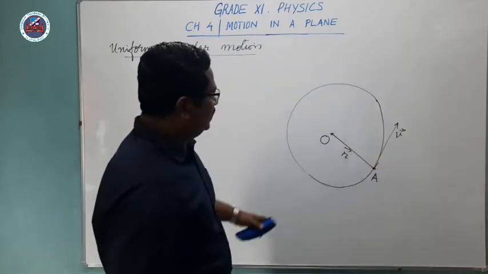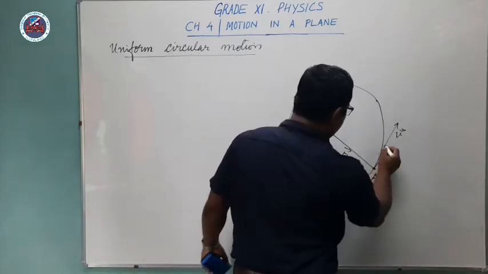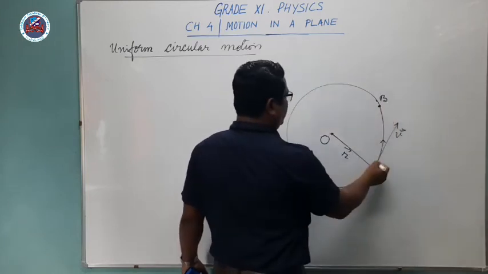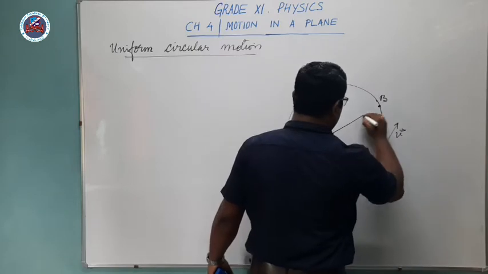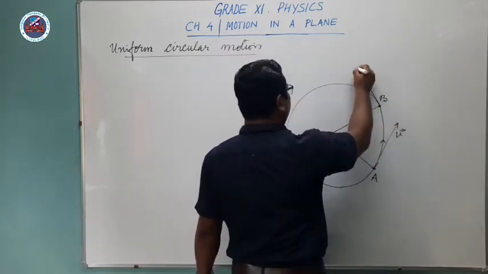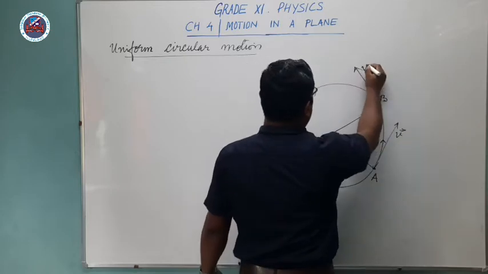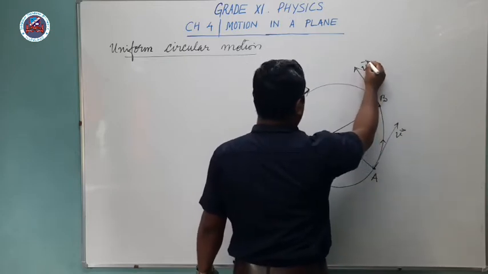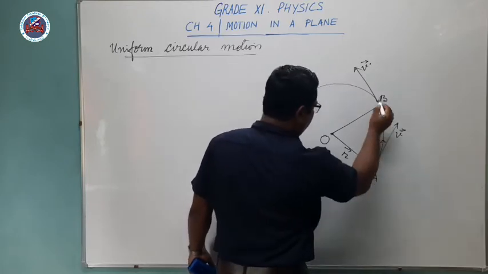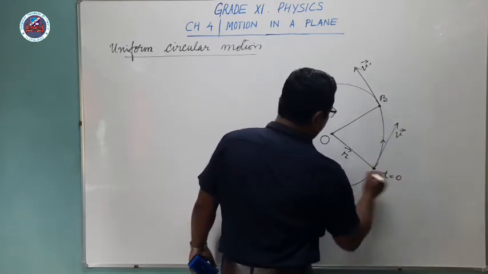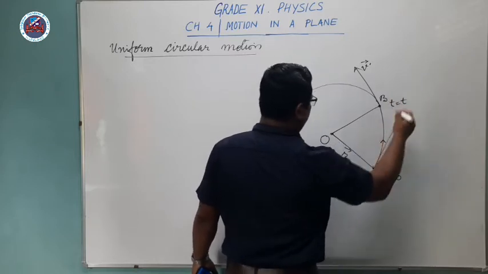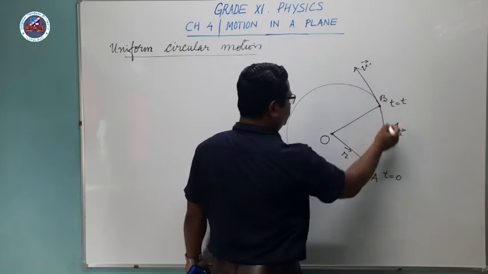Now when this body travels from A to B, the radius vector will remain the same, and the velocity magnitude also remains the same, represented as V dash. Suppose it started at time T is equal to 0, and took time T to reach from A to B.